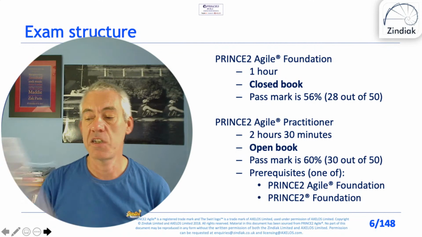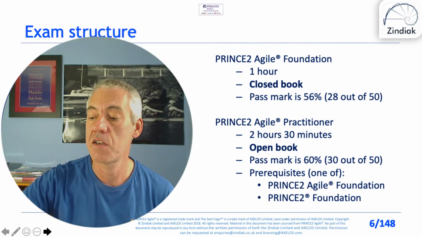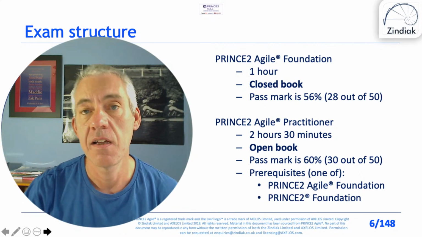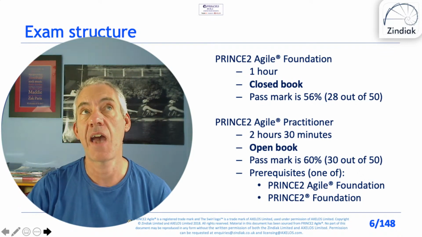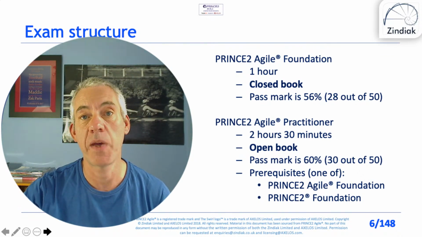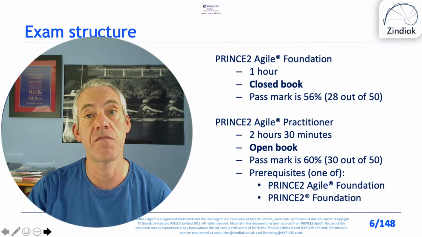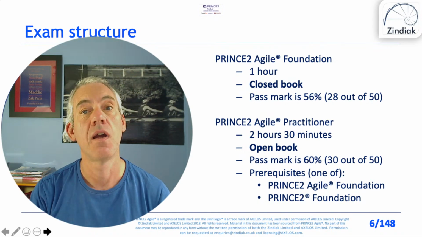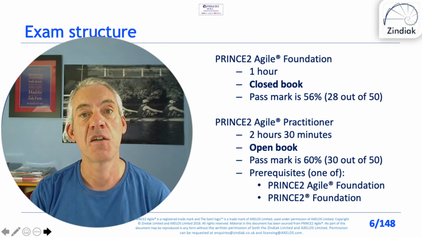PRINCE2 Agile guidance. At the moment, until the end of September, you can use a PDF copy of that guidance on a second device if you so wish. And I did have that confirmed by PeopleCert last week.